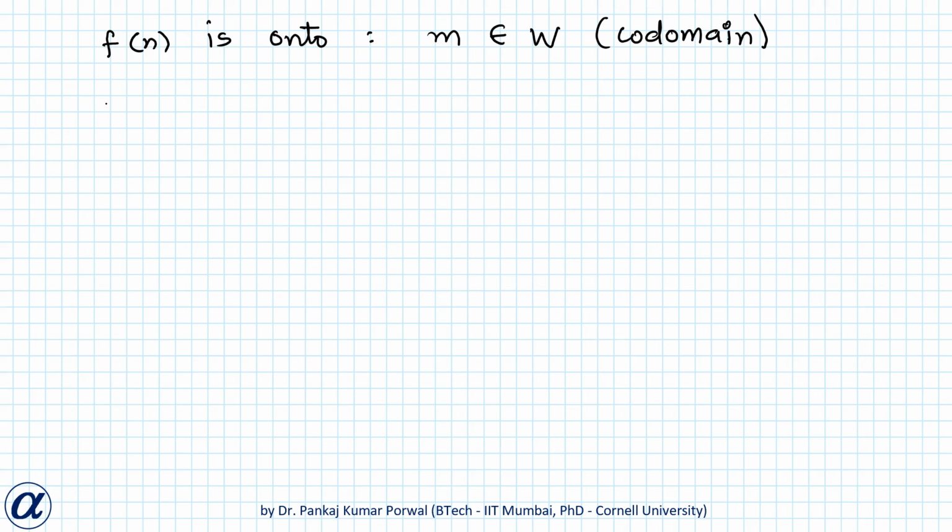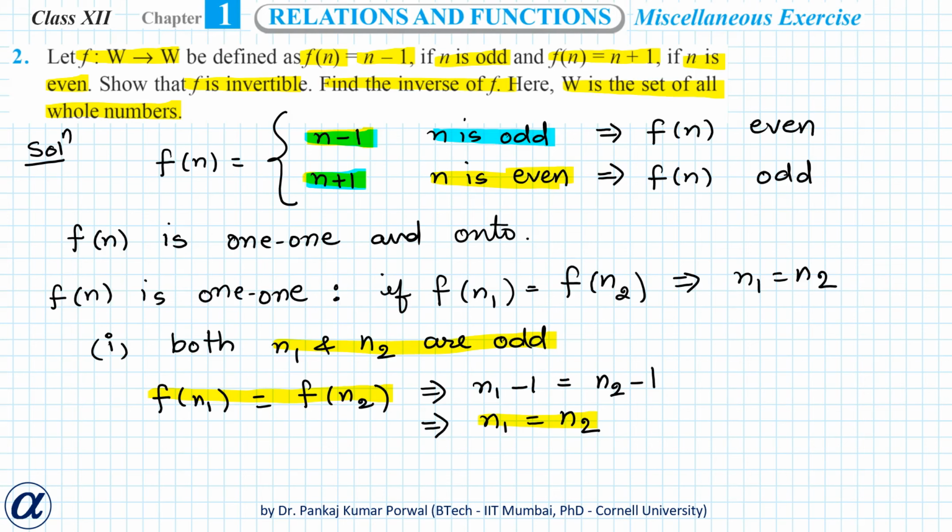So let's consider the first case when m is odd. When m is odd, we have to solve f(n) equals m for n. Now because m is odd and m equals f(n), f(n) will also be odd, and when f(n) is odd, n is even, and we'll have to use this definition of the function, that is n plus 1.